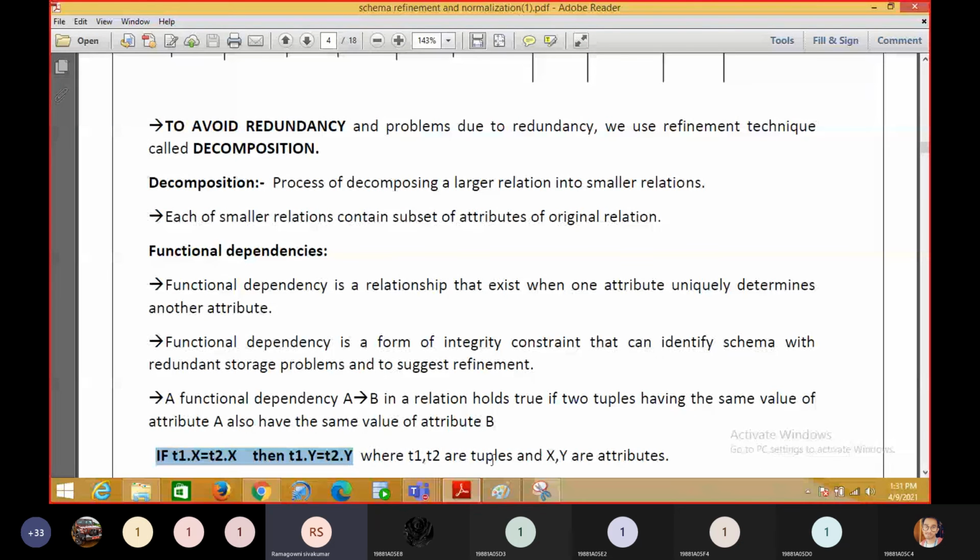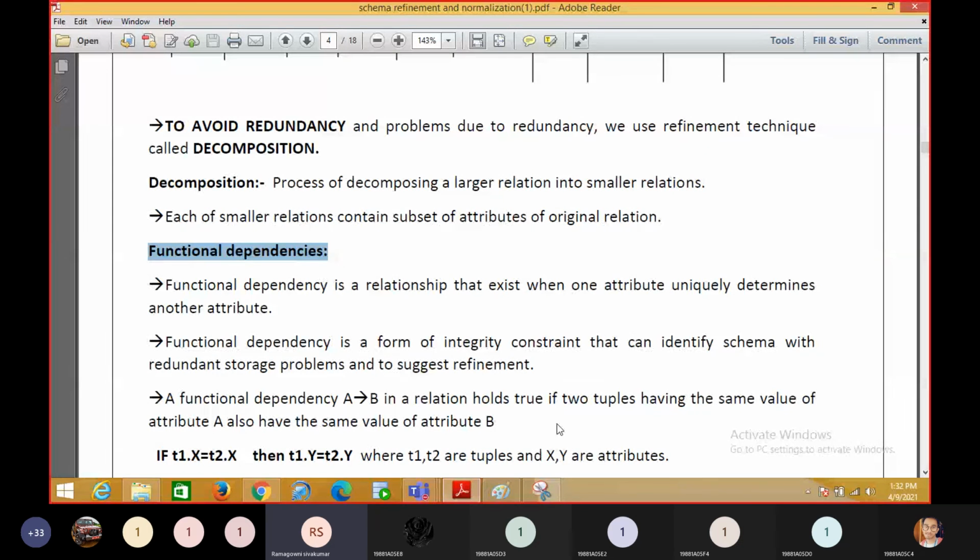Okay, so to find whether we are following functional dependency or not, we should use this formula. First, by using the if condition, check whether it is true, then go to check the other. If both are true, then return true. That means it is in functional dependency. Okay, the attributes have functional dependency, there is a dependency between the attributes.